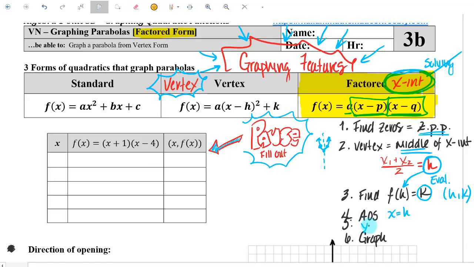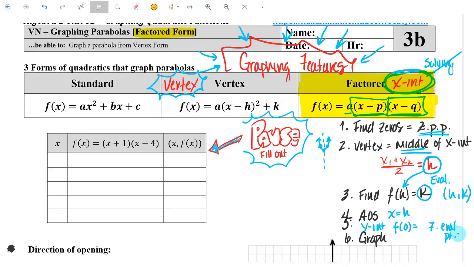And then we're going to want to find the y-intercept, and we're going to find that by evaluating the function at 0. And that's going to give us our y-intercept. At that point, we should have enough to graph. If we do need another point, maybe evaluate for another point if necessary. Again, if we have 5 points after we do all that, then we're going to graph.